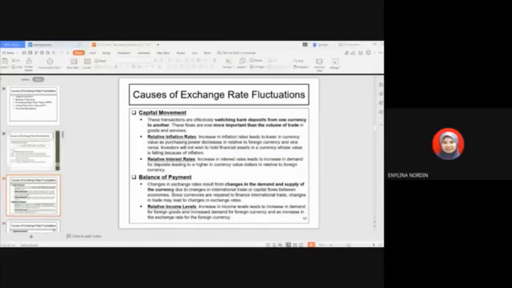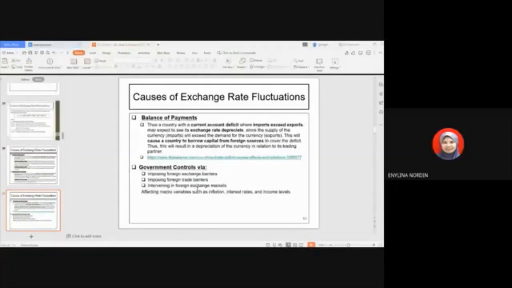Government control also plays an important role, and is crucial in influencing exchange rate fluctuations. For example, the government may be involved directly through imposing foreign exchange barriers, which make import and export costly, imposing foreign trade barriers, and intervening in the foreign exchange market.